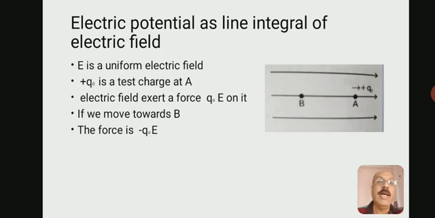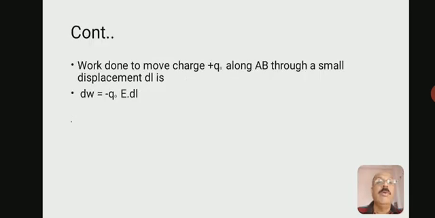E is a uniform electric field and Q naught is a test charge at A. The electric field exerts a force Q naught into E. If we move towards B, the force is minus Q naught into E, in the opposite direction. Now the work done to move the charge plus Q naught along AB through a small displacement dl is dW equals minus Q naught E into dl.